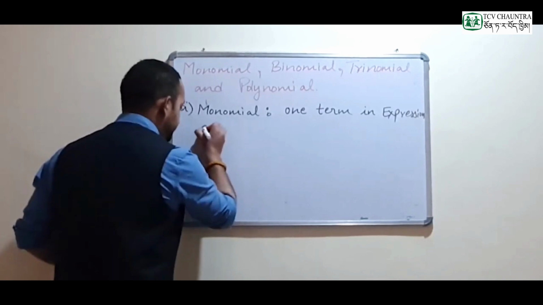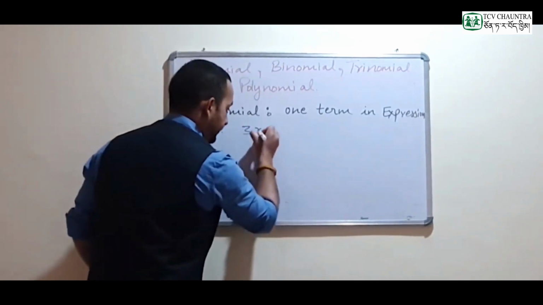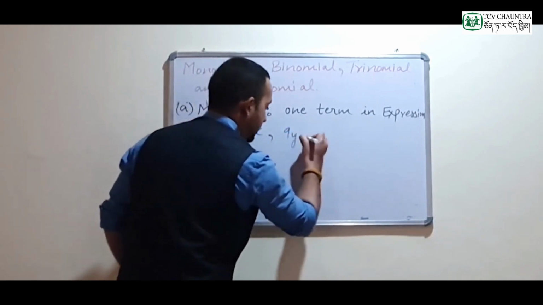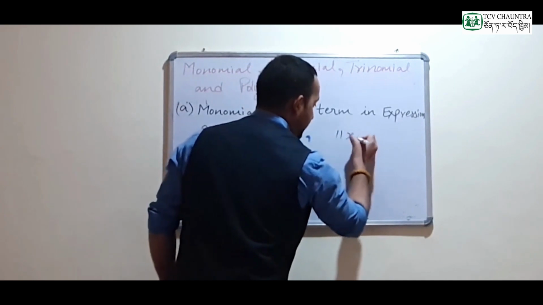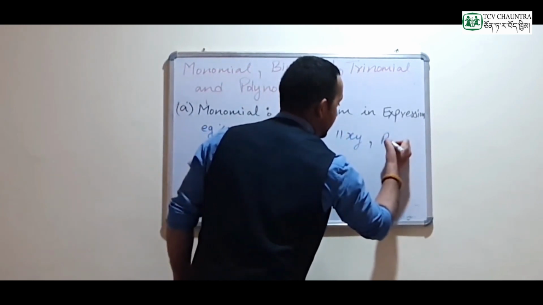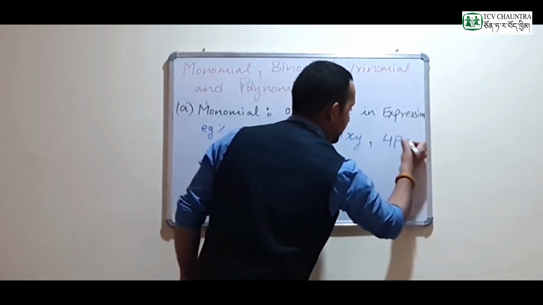For example, 3x, for example 9y, for example 11xy, for example 4pq.